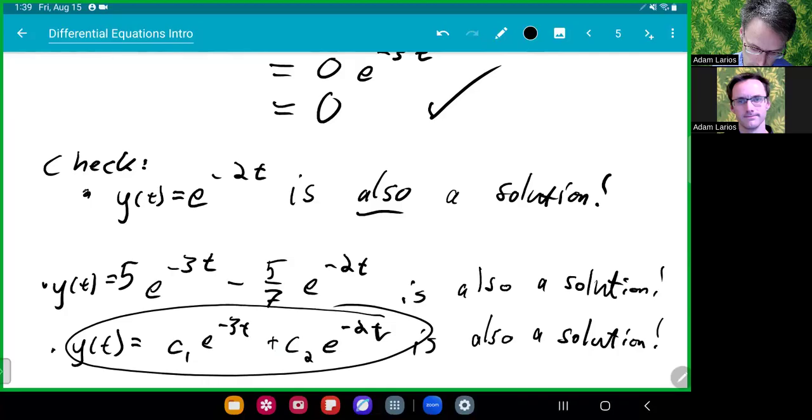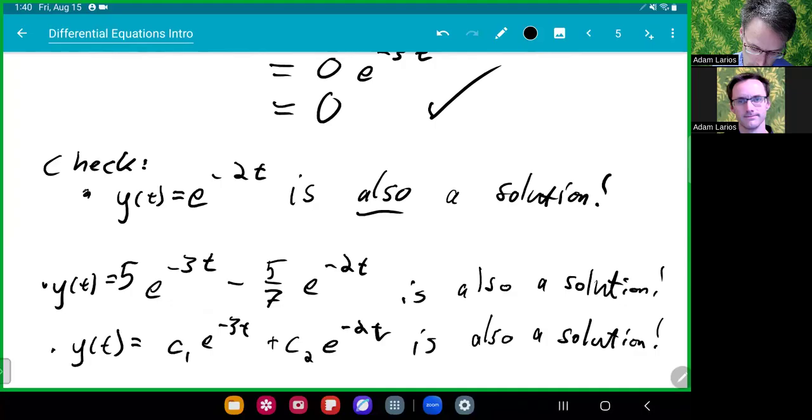So this is sort of a doubly infinite family of solutions. I have free choice for C1, free choice for C2. It turns out you can even allow C1 or C2 to be complex numbers. But so long as they're constants, this is a solution, and all solutions to the equation are of this form.